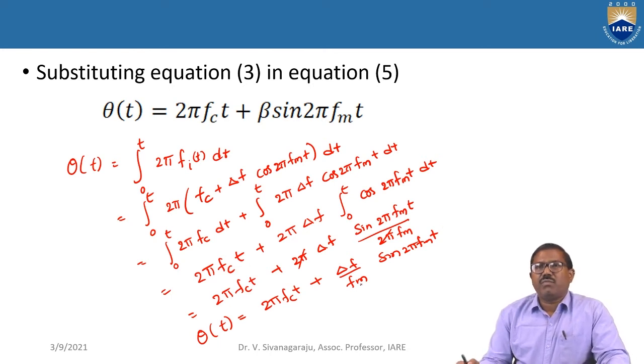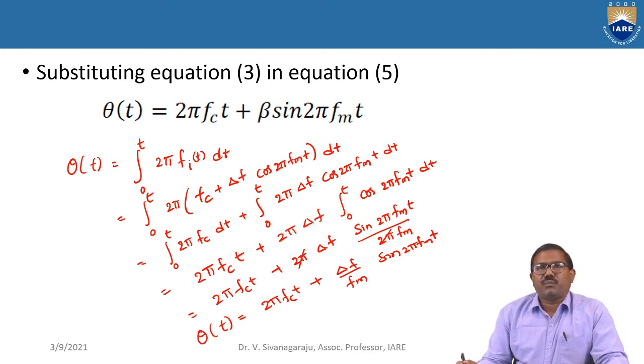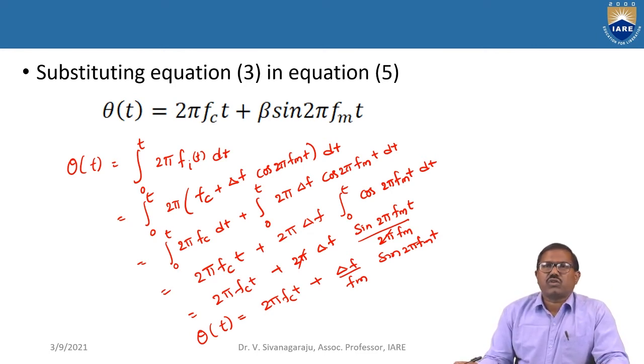Where delta f by Fm is called beta, then we get theta of t equal to 2 pi Fc t plus beta sine 2 pi Fm t.